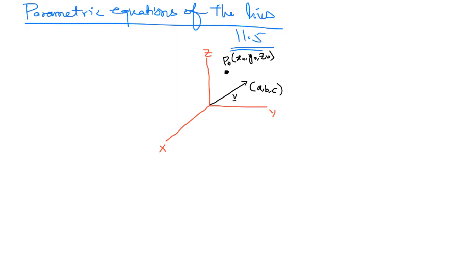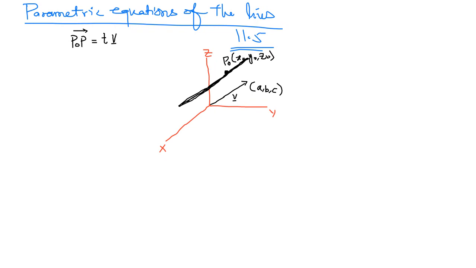So the line through that point should be parallel to the vector. If you draw any line through that point, it should be parallel to the vector. So you can find the parametric equations by using these two vectors. From that point we can draw a vector, the vector P naught P, which is equal to t times vector v.